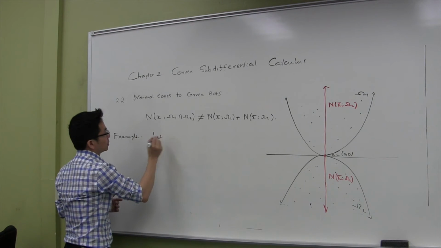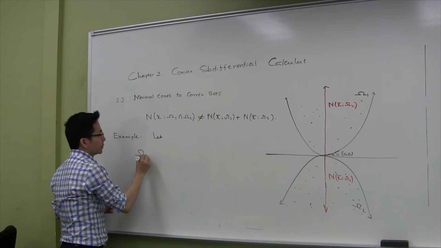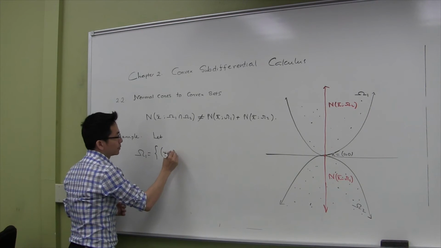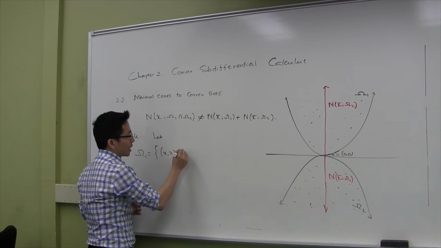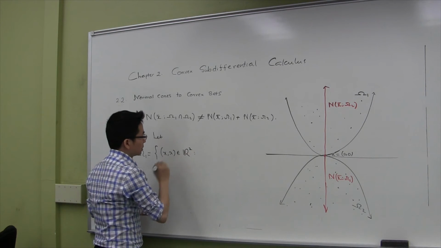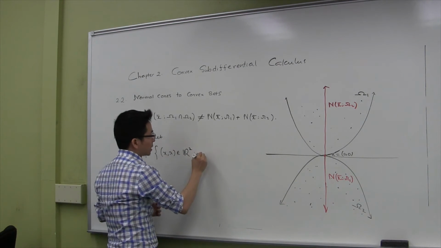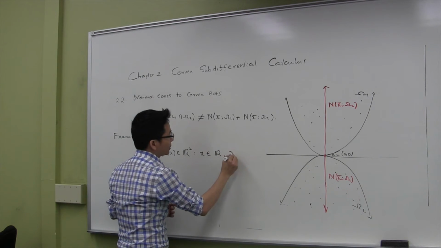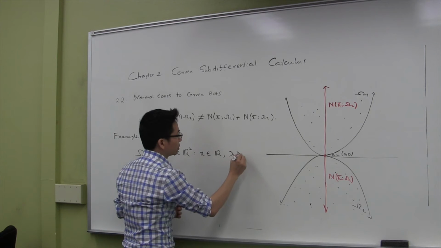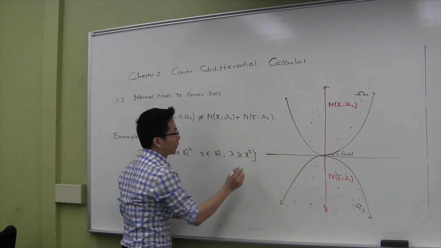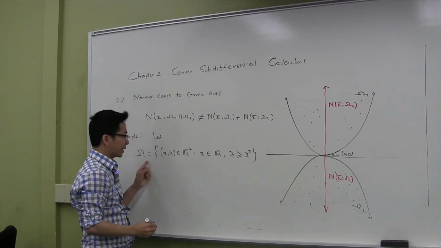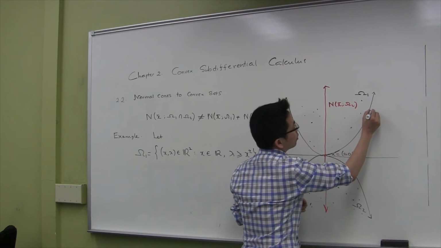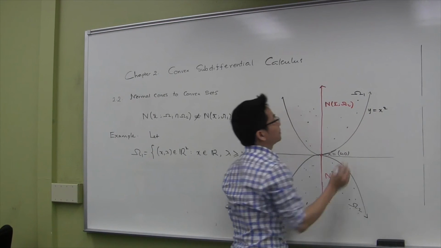Let omega 1 be the set of all (x, lambda) in R2 such that x is in R and lambda is greater than or equal to x squared. Okay, so omega 1 is actually the epigraph of the function y equals x squared.